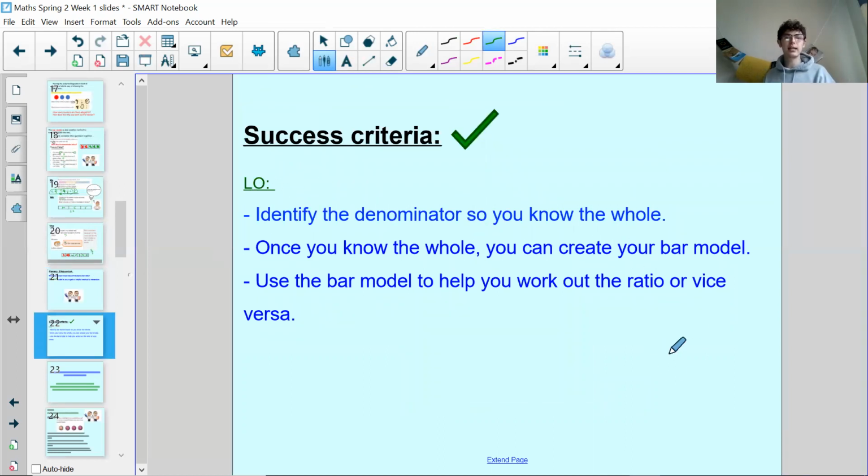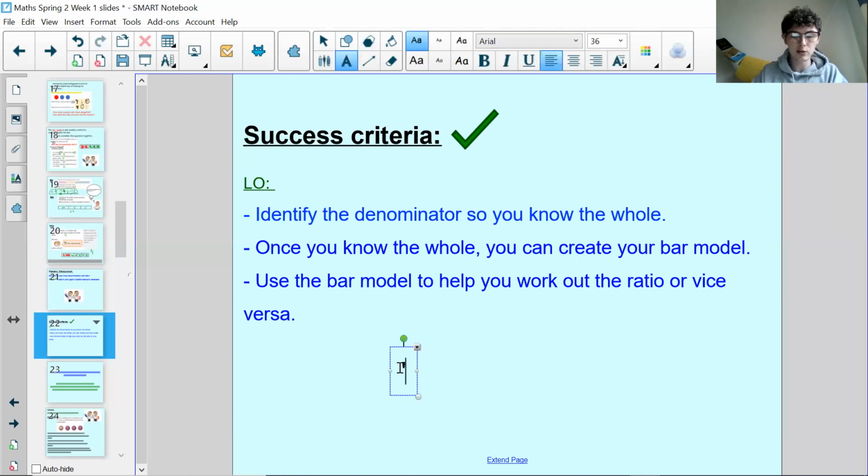So our success criteria is to identify the denominator, so you know the whole. Once you know the whole, you can then create your bar model and then use the bar model to help you work out the ratio using your for every sentences, okay? Don't forget those because they're very helpful. Okay, your for every sentences.